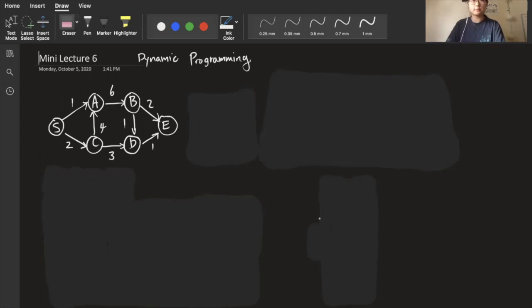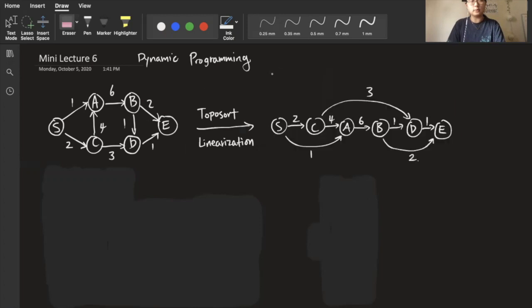Maybe you can remember from our previous discussion of graph algorithms that every single DAG can be linearized. So we can use the toposort algorithm to list out all of its nodes or vertices in a linear order such that all of the edges go from left to right. So there are no back edges from the right to left.